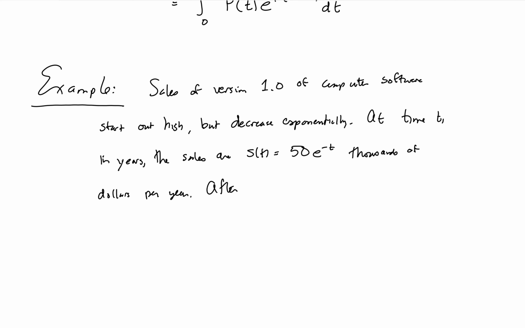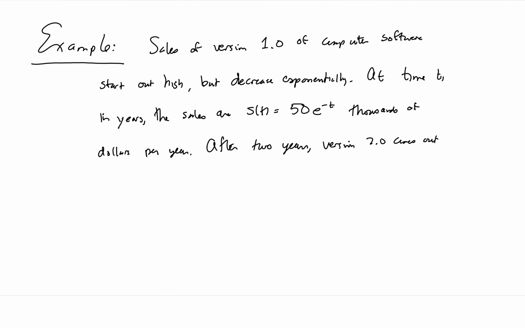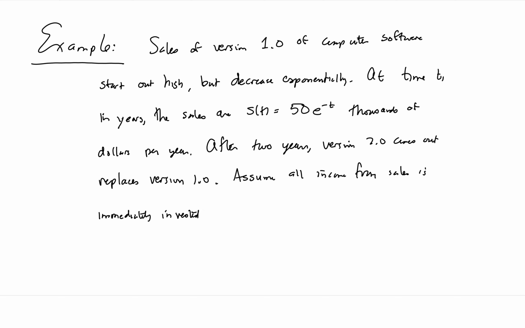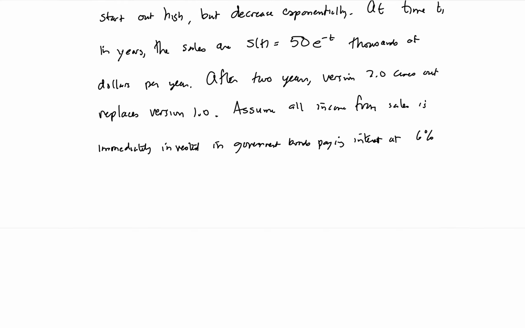So after 2 years, version 2.0 comes out and replaces version 1.0. So let's assume all income from sales is immediately invested in government bonds paying interest at 6% compounded continuously.